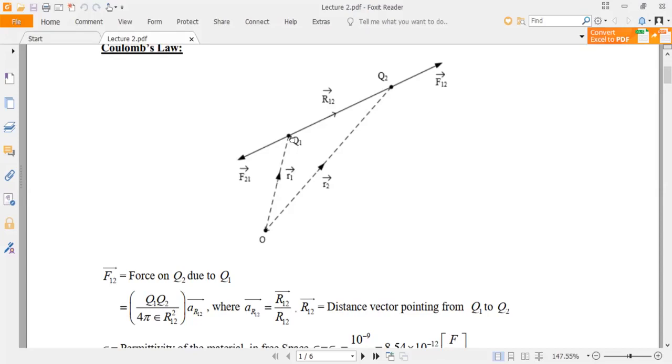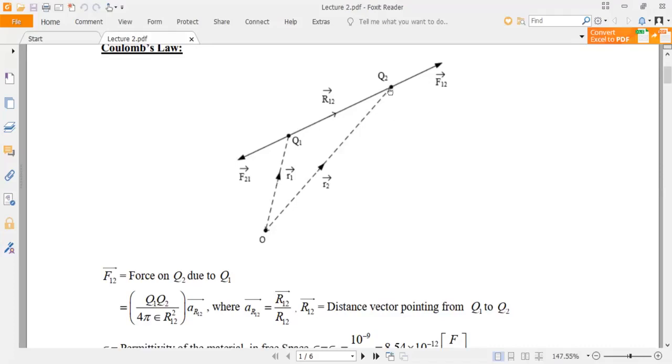This charge, its position with respect to the origin, is r1 bar. And this charge Q2 has position vector r2 bar with respect to the origin. These are the charges Q1 and Q2.